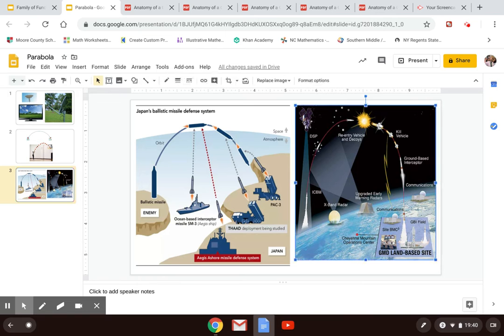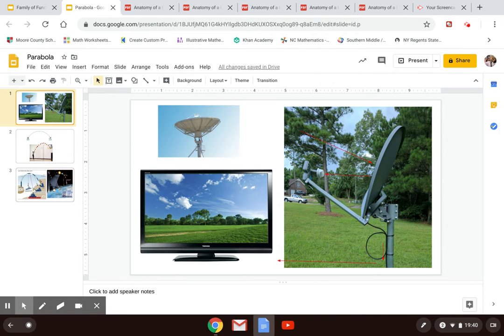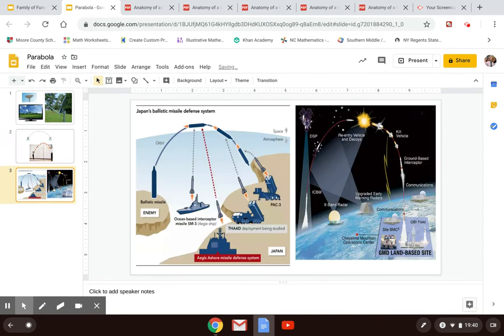So whether it be communications and entertainment, or sports, or your personal safety and national defense, the parabola is there. Just let that sink in for a moment: it's math that keeps you safe at night. The parabola keeps you safe at night. Math keeps you safe at night.